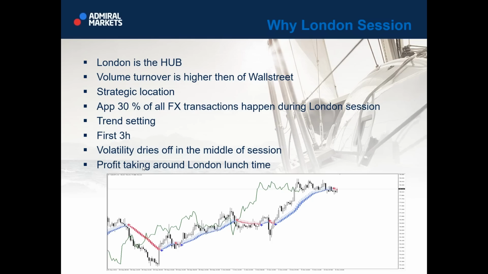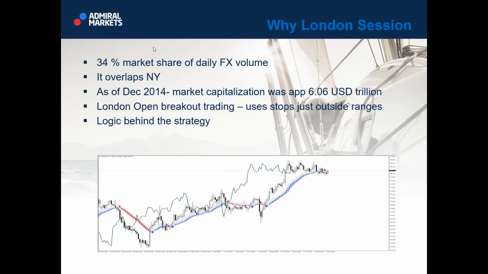So remember that volatility dries off in the middle of the session, and profit taking takes place around London lunchtime. Remember, 34% of the daily forex volume happens during the London session. 34% of market share, that's a really big number.